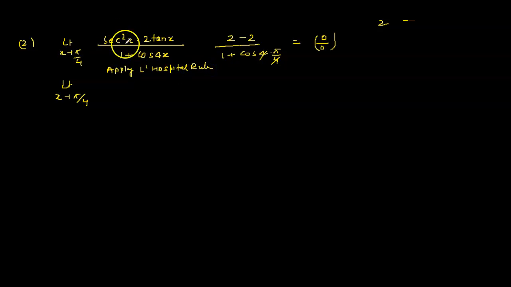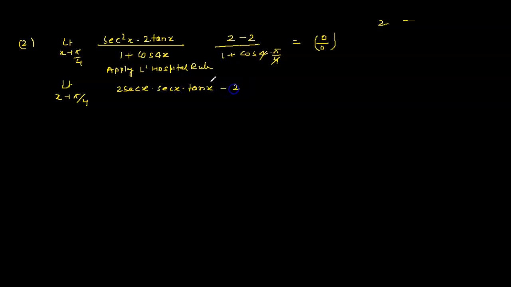L'Hospital's rule means differentiate the numerator. Secant square differentiation is 2 secant of x into tan of x. Secant square differentiation is 2 secant of x, and again sec differentiation is secant x into tan x.